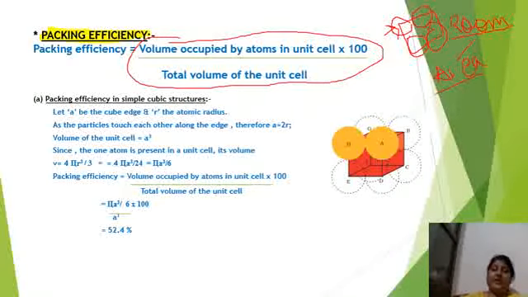So we have to decrease the area of the wall by the area of windows and doors both. So packing efficiency is also like this.